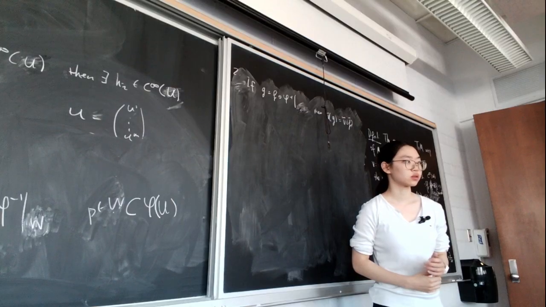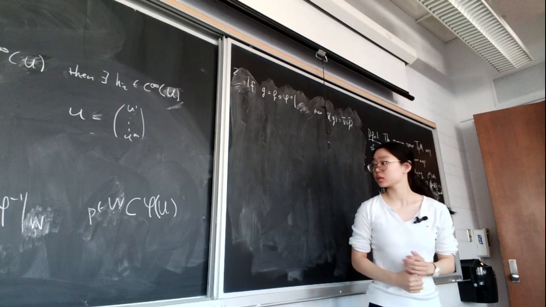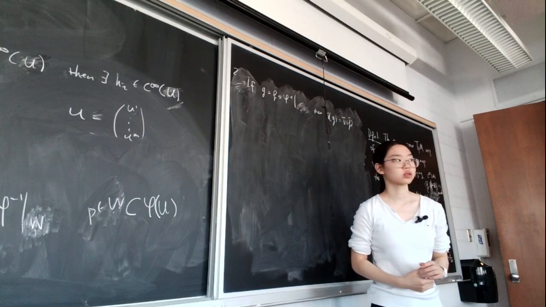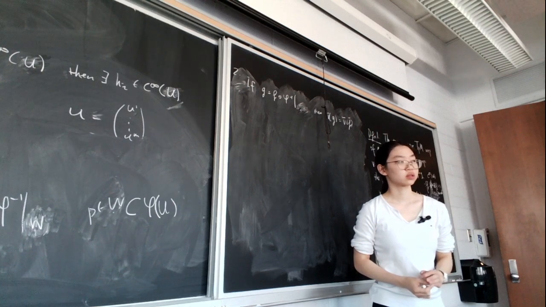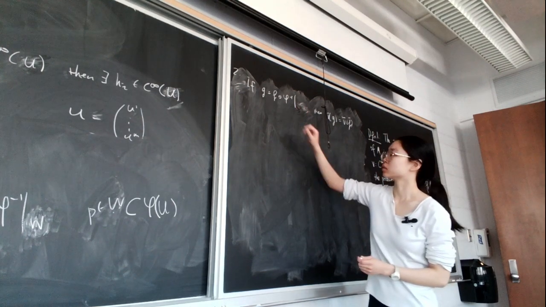The point is you have a function on your chart that's not necessarily extendable to the whole manifold, so you can't really define V tilde just by applying V to that function on the chart.